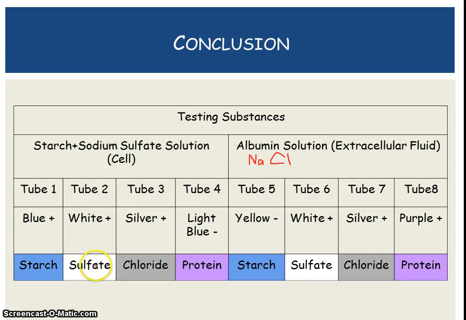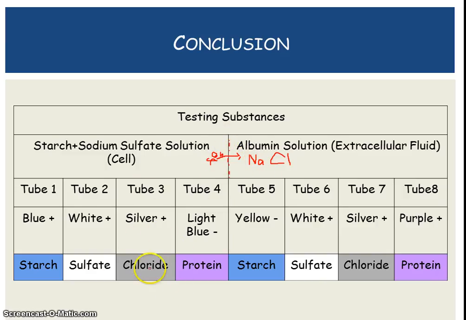Sulfate, however, tube 2 and tube 6, both are positive. So sulfate did diffuse across. Let's imagine this line here is a selectively permeable membrane. So SO4, that's horrible, diffused across this selectively permeable membrane, which in this experiment was only factored by size.